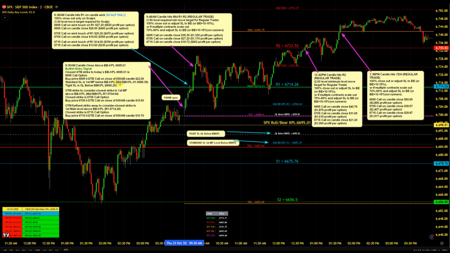So what that means, if you're not familiar with how options work, I'm sure a lot of you are, but for the few who may not understand, you take the price of the option that you're paying, you multiply it times 100, and that's your cost for one option when you're buying options. So in the case of this, if it's $22, you multiply that times 100, so the cost of one 66.95 0 DTE SPX call is going to be $2,200.